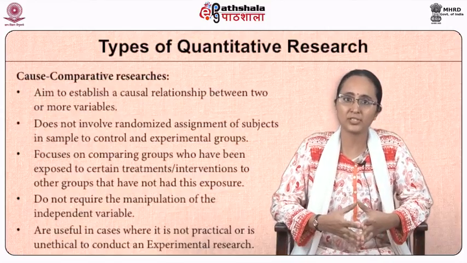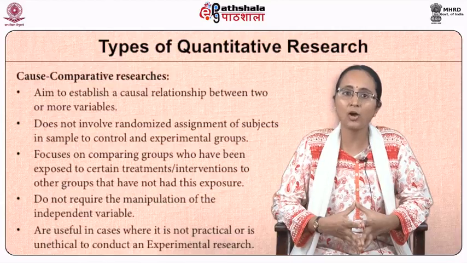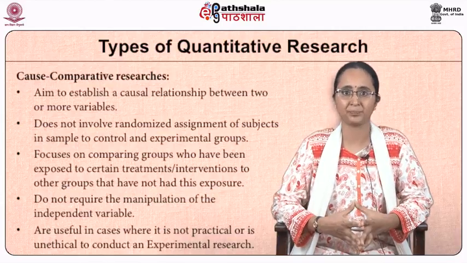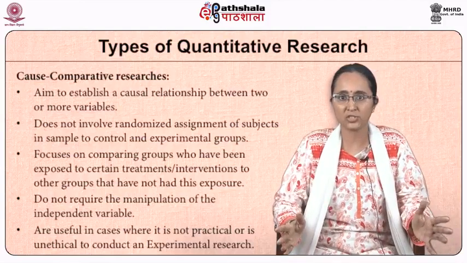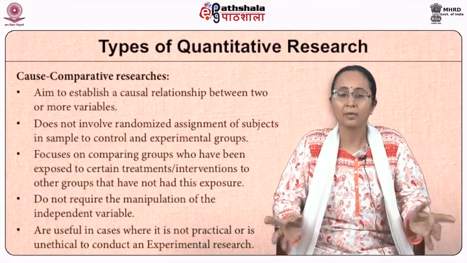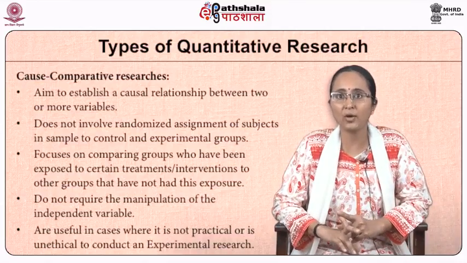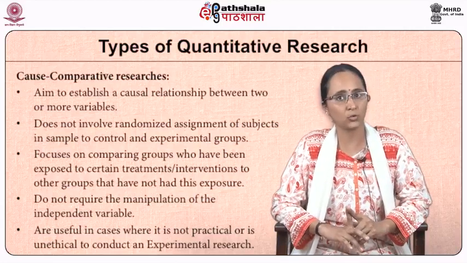The third type of research is known as quasi-experimental research or cause-comparative research. Here, you are looking to establish a cause-effect relationship or causal relationship between two or more variables. But this does not involve randomized assignment of subjects in sample or control groups.